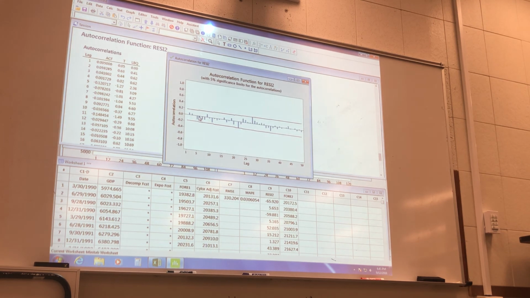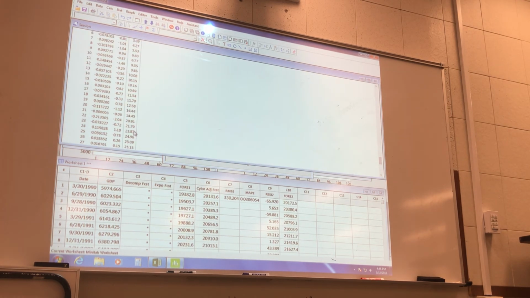What do you see in them? You see a little bit of cycle? See a little wave action going on in them? Look at the 12th lag period. See the 9.66? Is it significant? It's below 21, right? And the 24th lag period is below 36.4.